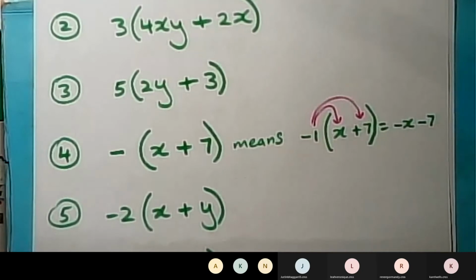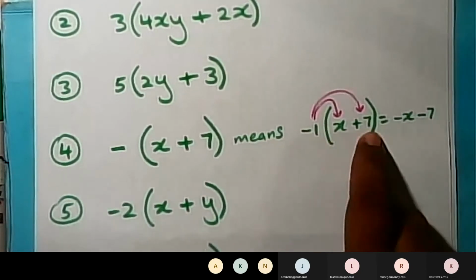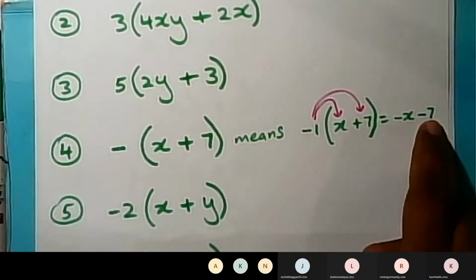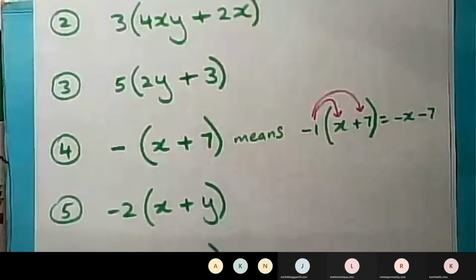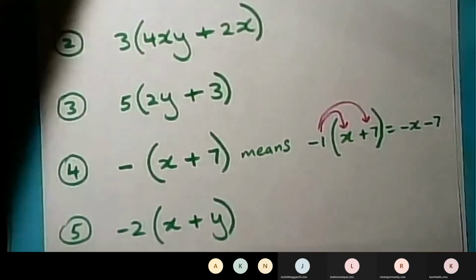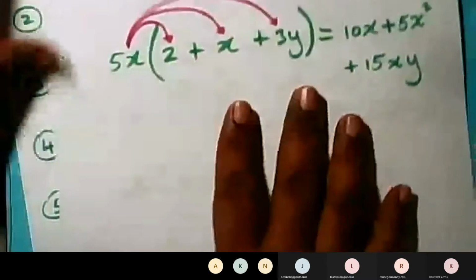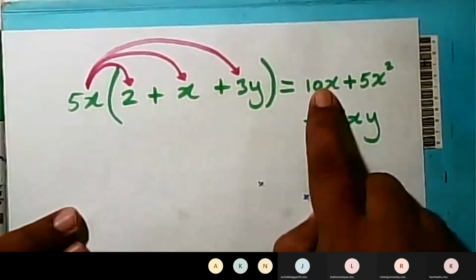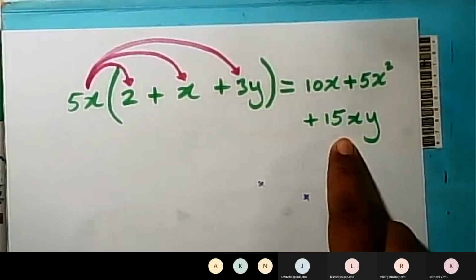So if you have two terms on the inside of the brackets, you should get two terms by the time you open the brackets. If you had three terms inside the brackets, you should get three terms for your answer.